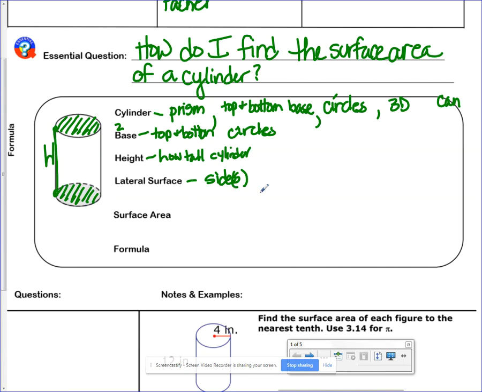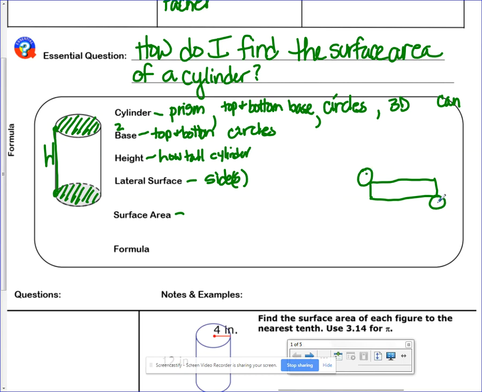If I could somehow take scissors or a knife and cut open that Pringles can, or think about taking the label off a can of soup, what this looks like when you unfurl it and lay it out flat two-dimensionally is a circle, then the label, that side, which is a rectangle because it wraps around, and then the other base, a circular shape on the other end.